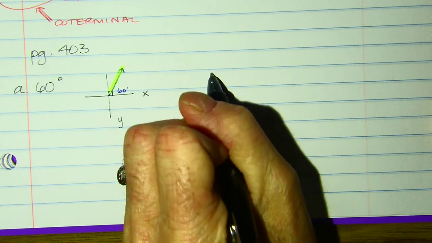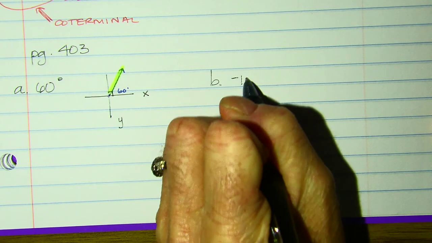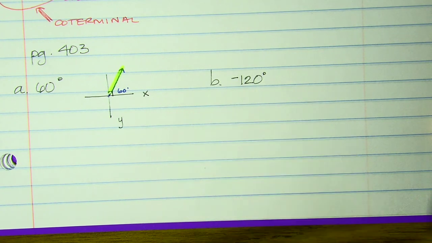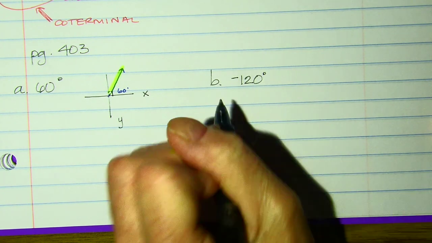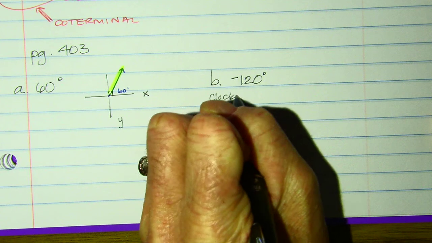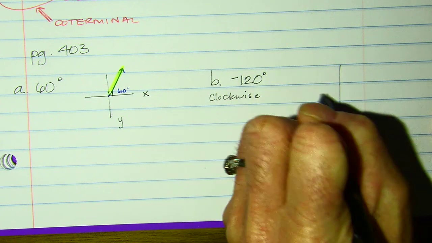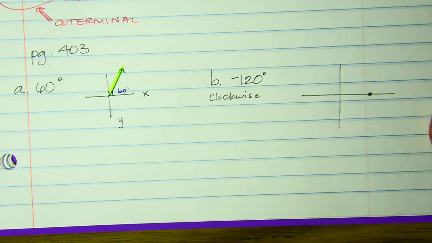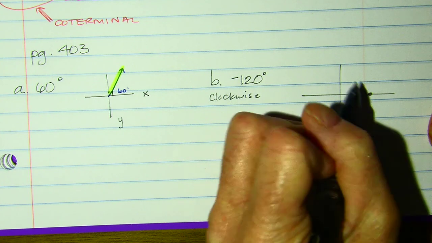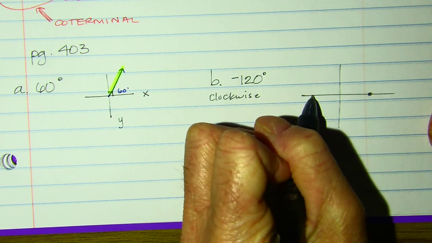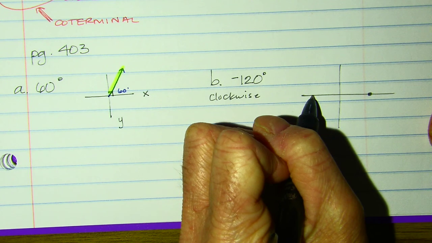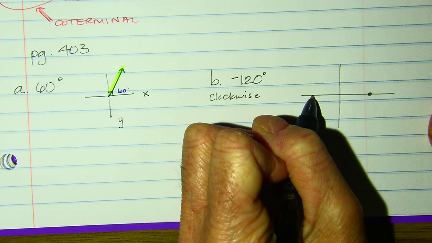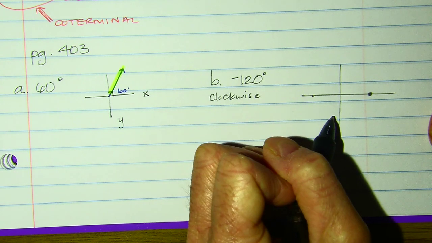Part B would like us to draw negative 120 degrees. Now remember, negative angles mean that I'm going to go clockwise. So starting on the positive side of the x-axis, I'm going 120 degrees. Now I know if I go all the way to here, that would be 180. And so I need to go 60 degrees less than that, which is 120.